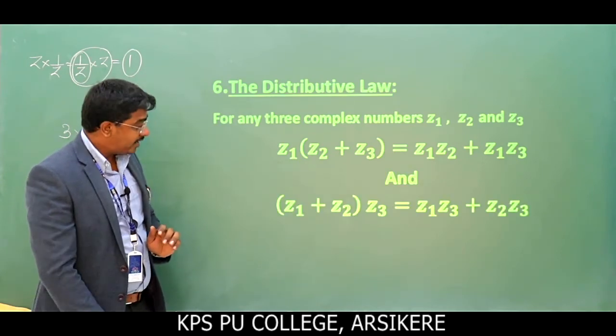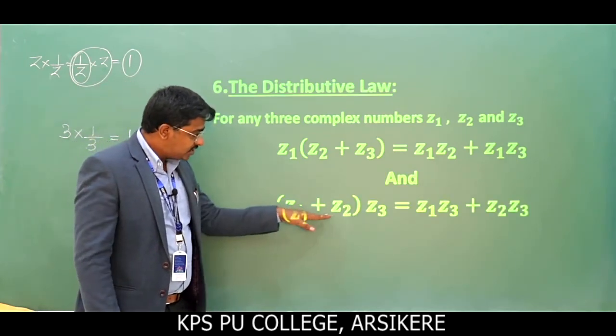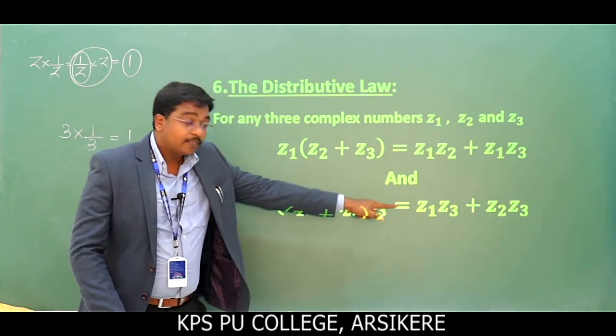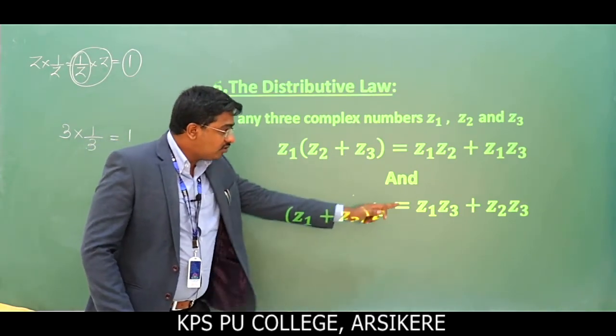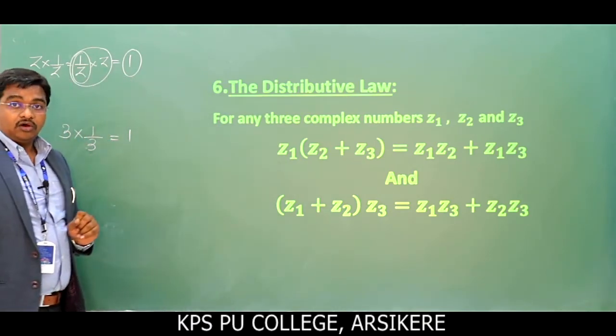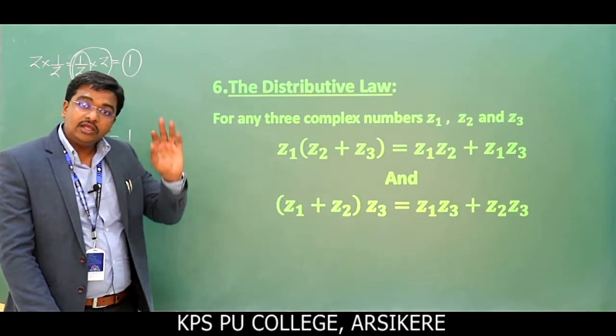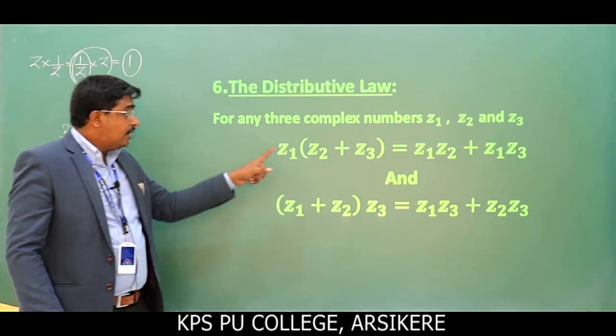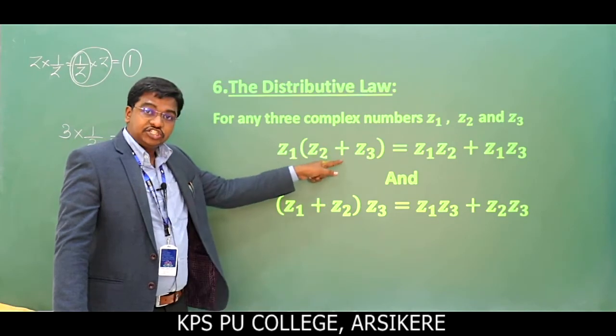And another one: (z1 plus z2) times z3 is equal to z1 into z3 plus z2 into z3. So these two properties are called the distributive law or distributive property. Here we are using both addition as well as multiplication, multiplication over addition.